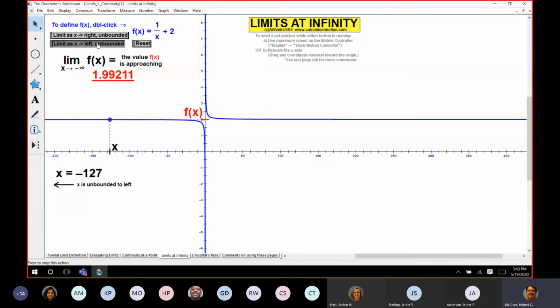As I approach from the left, and from the right, I'm approaching from the right. It hits that 0 and it doesn't touch. Okay. When you have infinity and infinity, the limit does not exist. Okay. When you have a vertical asymptote, the limit does not exist.